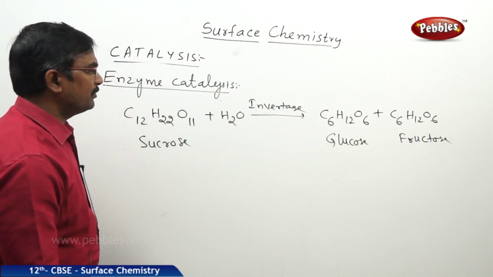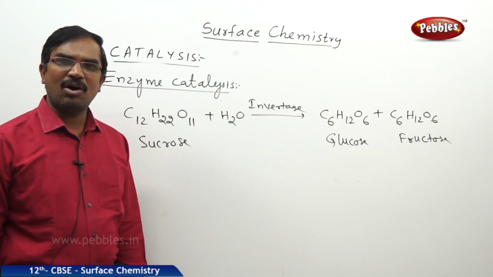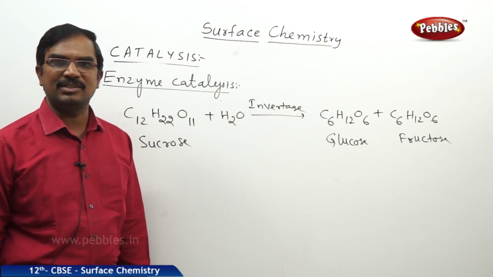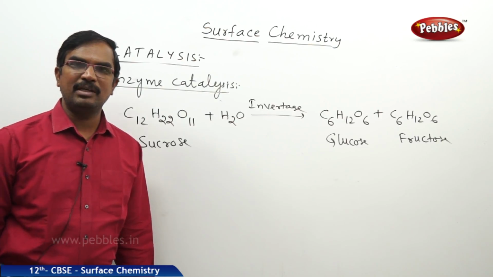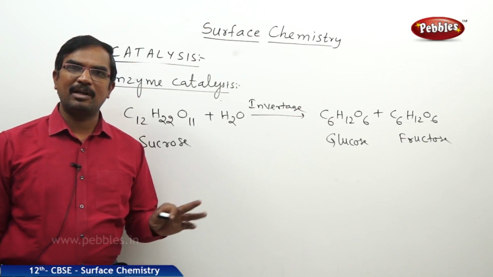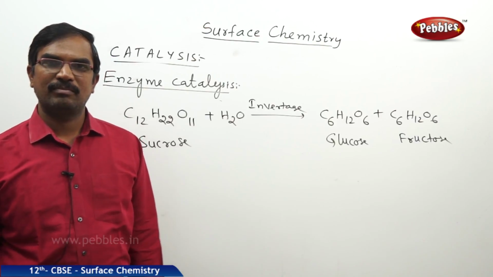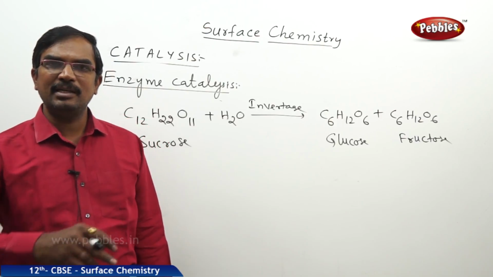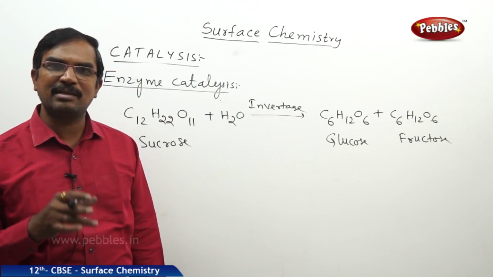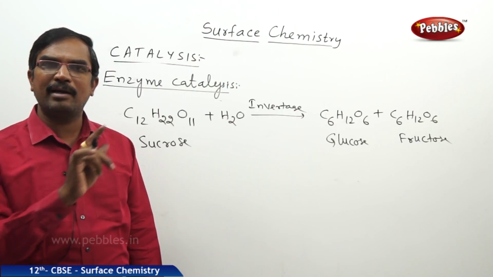And also, starch is converted into the corresponding maltose in the presence of the enzyme diastase. Once we get that maltose, the same can be converted into glucose. So that means if you take any particular reaction or process in the presence of an enzyme, every particular reaction requires only one kind of enzyme.